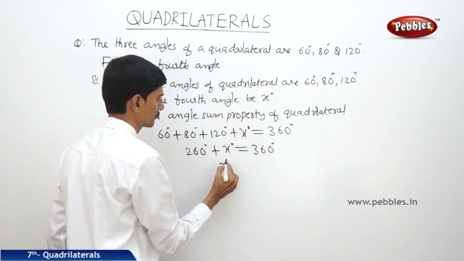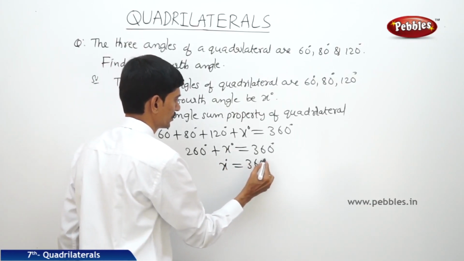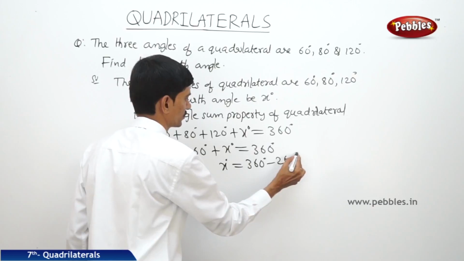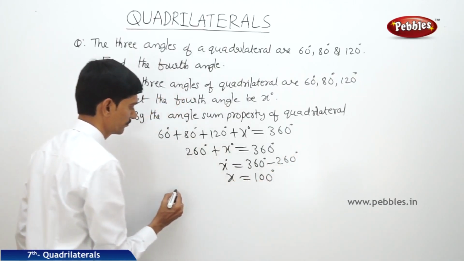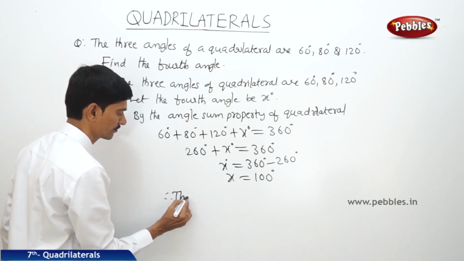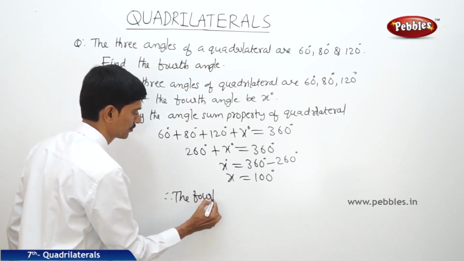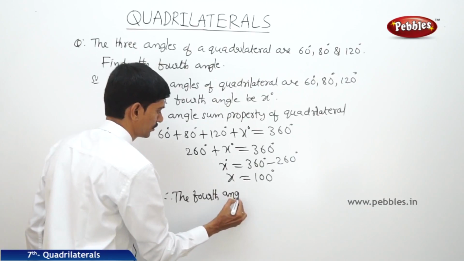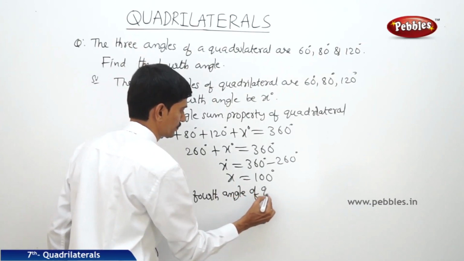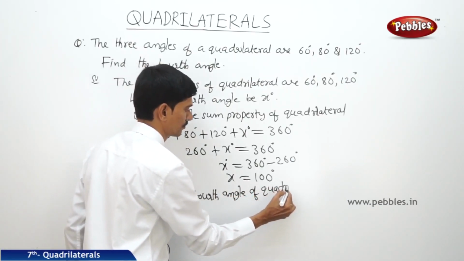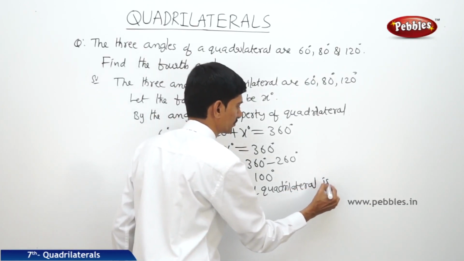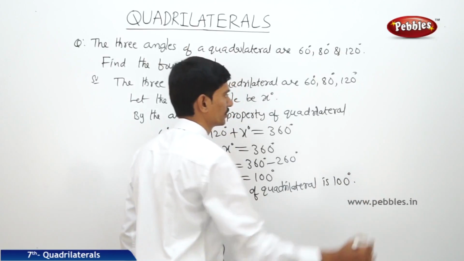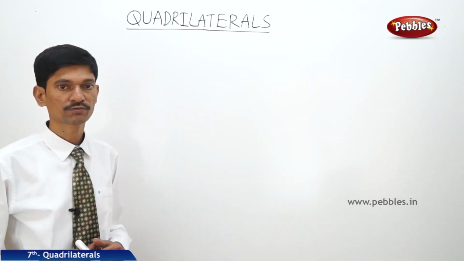Then x degrees equals 360 degrees minus 260 degrees. Then x equals 100 degrees. Therefore the fourth angle of the quadrilateral is 100 degrees. Now let us see the next question.